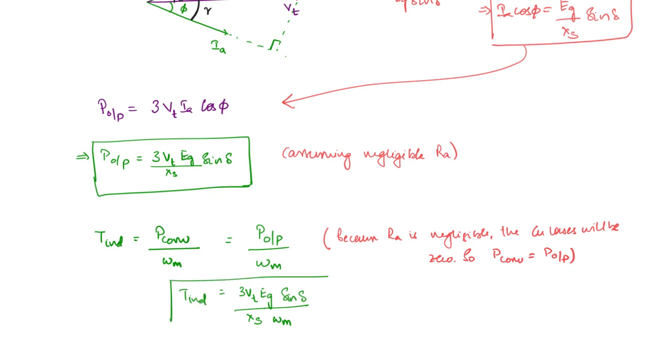So when the resistance is negligible, then you will get two simple expressions for the output power and the induced torque. Now what if we do not assume the resistance to be negligible? In that case, how do you find out the expression for output power? So it will be a little bit lengthy, but we will see the procedure still. Okay. So this is Eg.